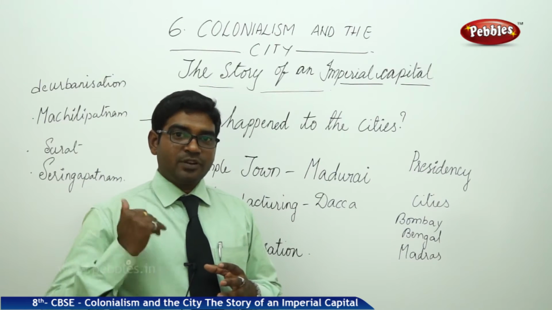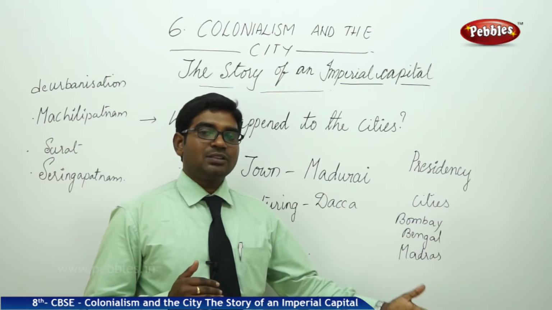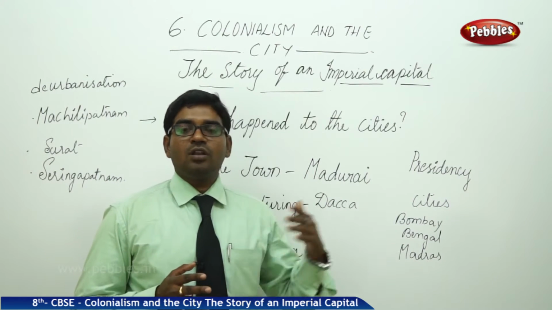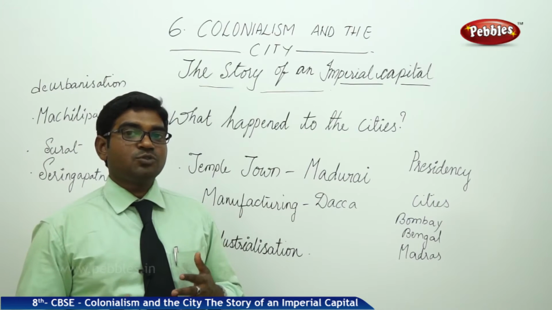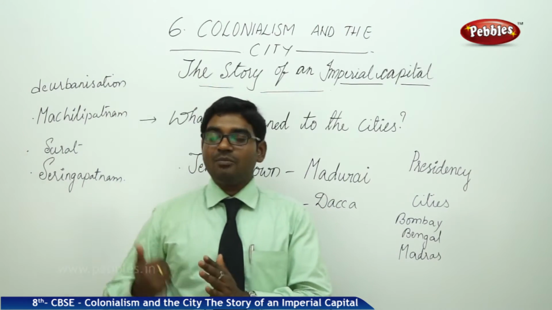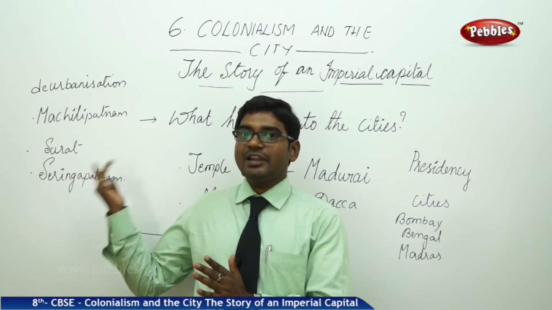Now people are moving from here, they are going to Madras. People are moving from Seringapatam going to Bengal or Bombay. People are moving from Surat going to Bombay. So the urbanized places until now are Machilipatnam, Surat and Seringapatam.